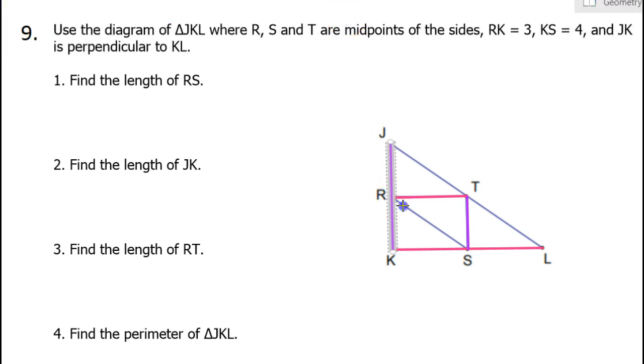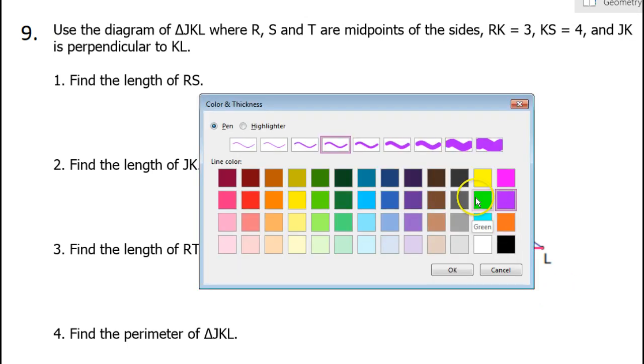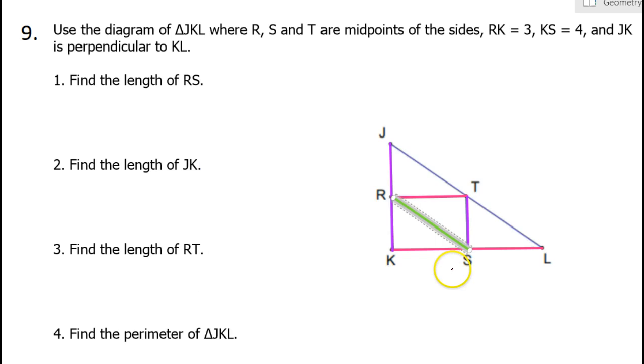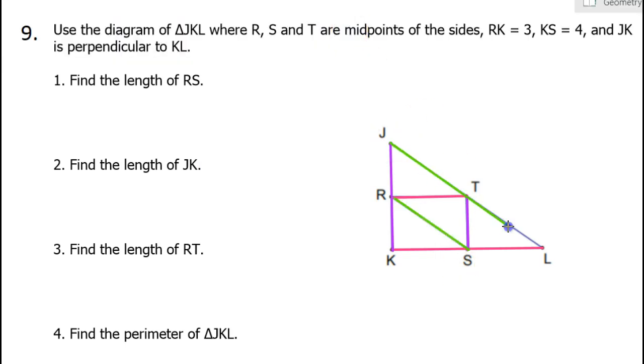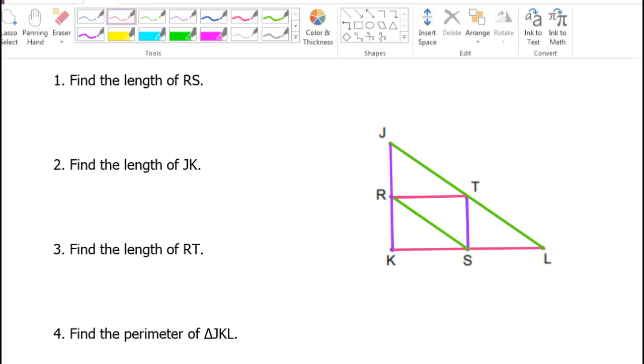And then we have RS, which we will do in green, is parallel to JL. The colors will help you keep track of what's going on.